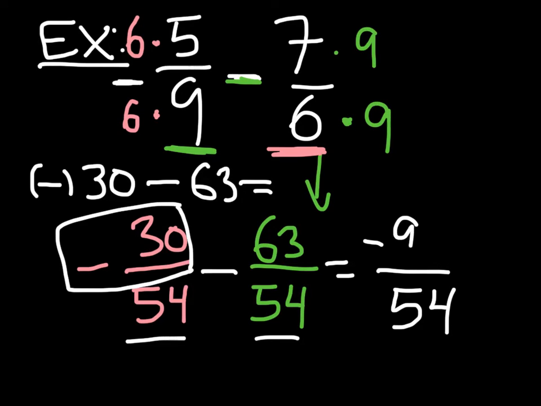Negative 93. As it turns out, both of these are divisible by 3. So I will divide the top by 3 and also the bottom, and I will get negative 31 over 18. Good.